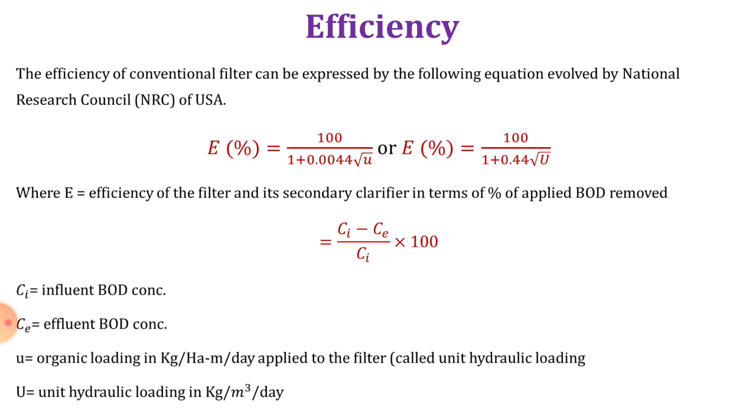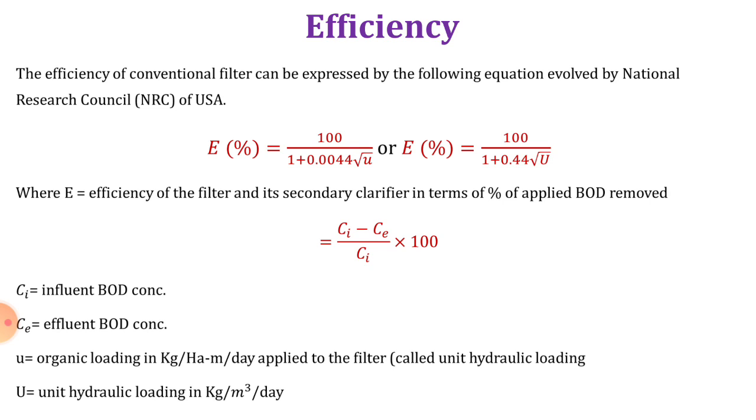It can also be written as E in percentage is equal to 100 divided by 1 plus 0.44 under square root capital U, where E is the efficiency of the filter and its secondary clarifier in the percentage of applied BOD removal. And it can be calculated by Ci minus Ce divided by Ci into 100.